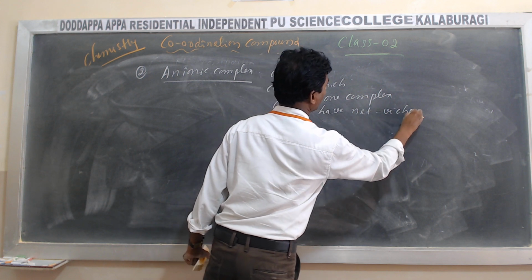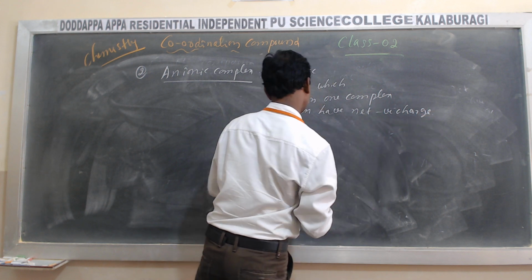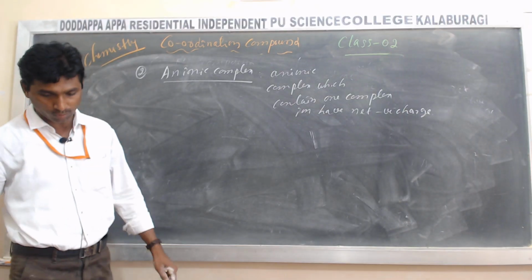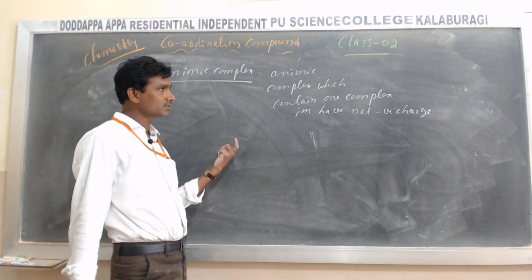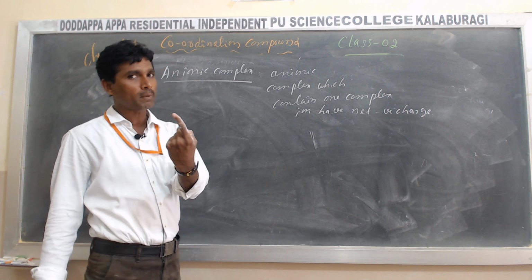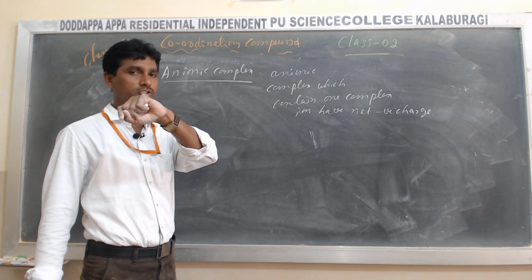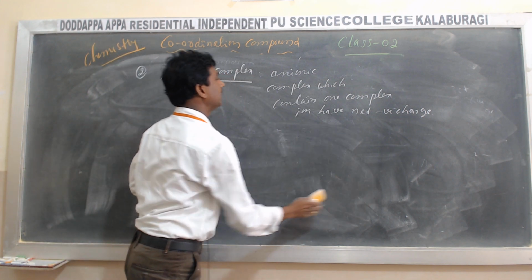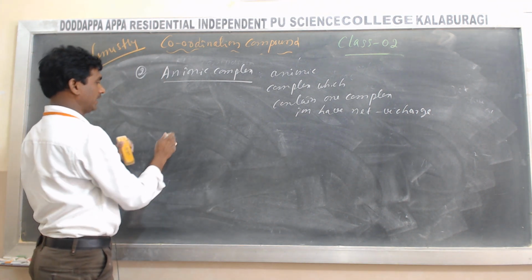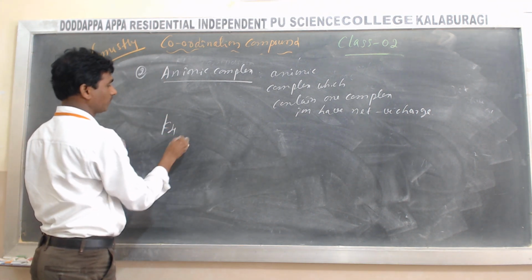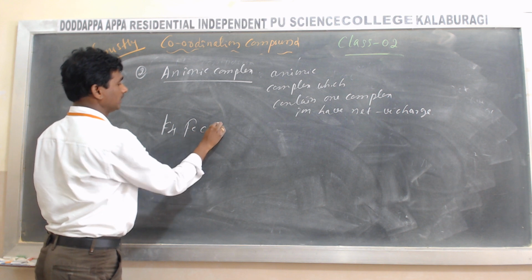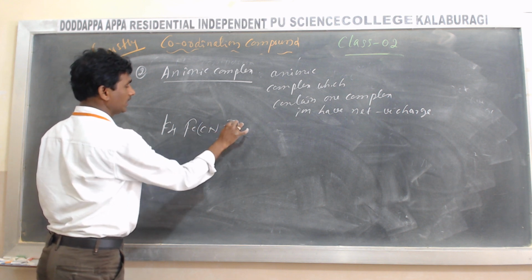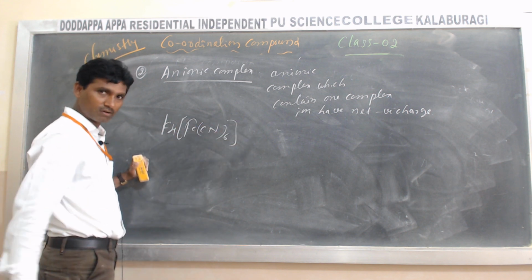A net negative charge is called an anionic complex. The cationic complex contains at least one complex ion having a net positive charge; here it is having a net negative charge. For example, I can take one example, K4[Fe(CN)6]. Correct or not?